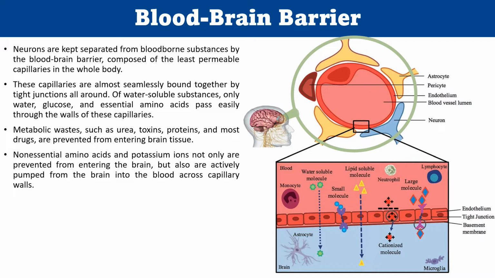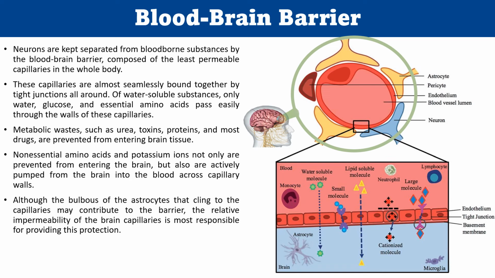Nonessential amino acids and potassium ions are not only prevented from entering the brain but also are actively pumped from the brain into the blood across the capillary wall. Although the bulbous feet of astrocytes that cling to the capillaries may contribute to the barrier, the relative impermeability of the brain capillaries is most responsible for providing this protection.